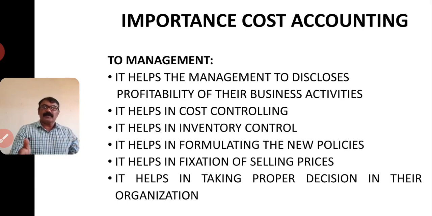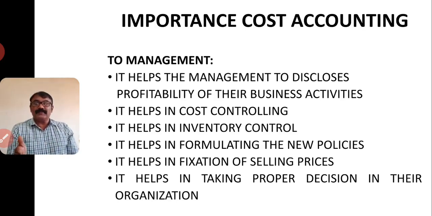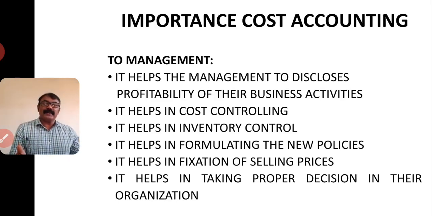If the cost increases in the first process, then automatically it will stop, and they will go for buying in the open market. They can take such decisions in process industries.